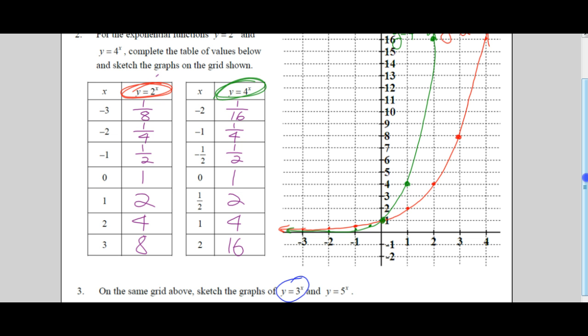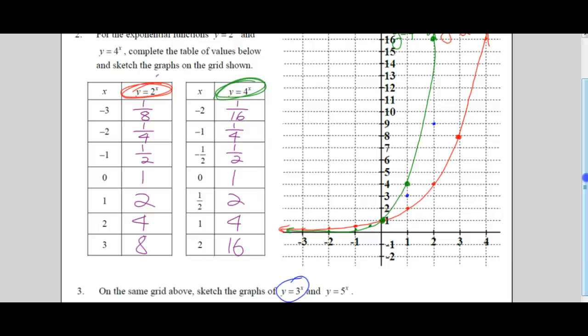So where's 3 to the x going to be? Is it going to be in between 2 to the x and 4 to the x? Will it be to the right of 2 to the x? Or it'll be in between, right? Because we know that when x is 1, you're going to get a 3. When x is 2, 3 squared is 9. Now in between here, negative 1 will give you 1/3, right?